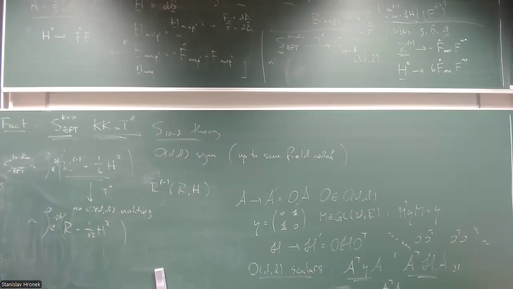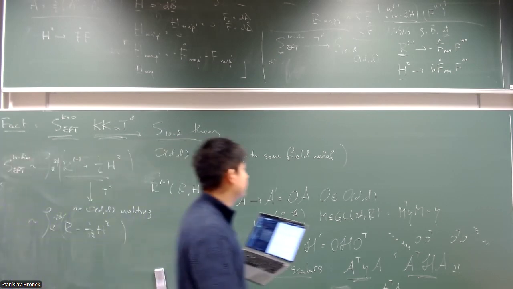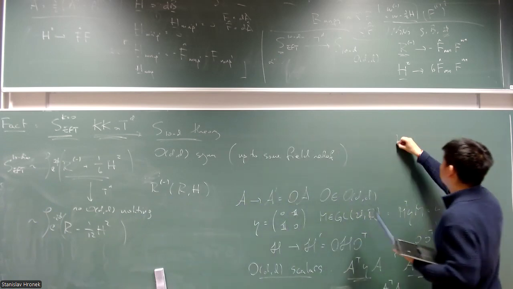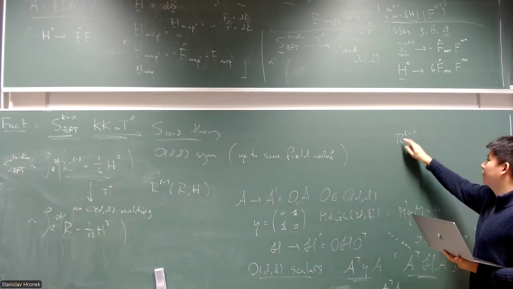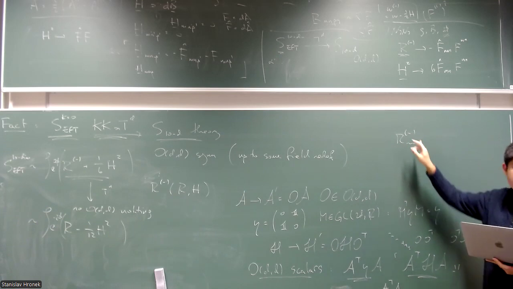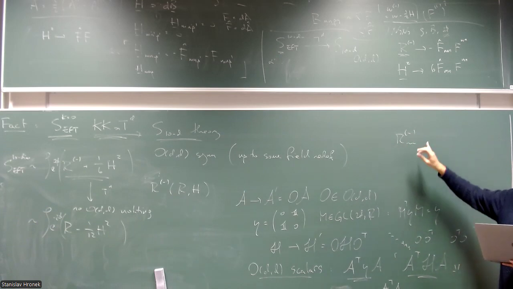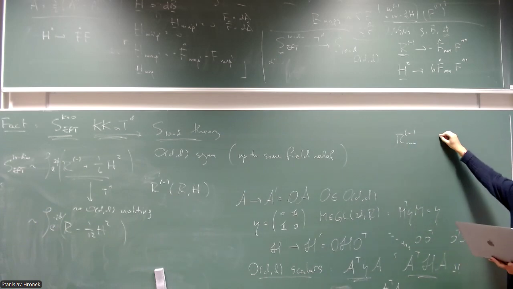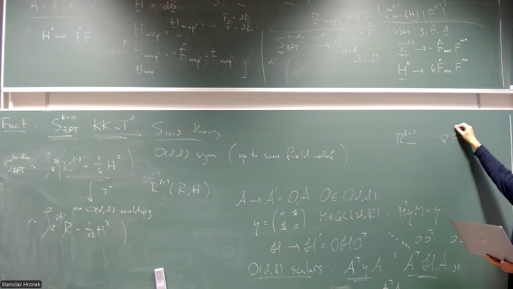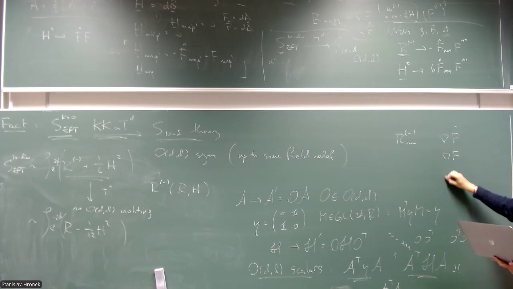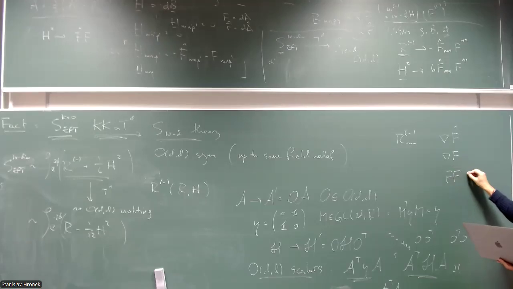Why was it useful to use the R minus? Why couldn't you just use R from the beginning and find this? I mean, one can do that, but if you define it with the Riemann, you find that the expressions will be easier, something with F hat, F or F squared.